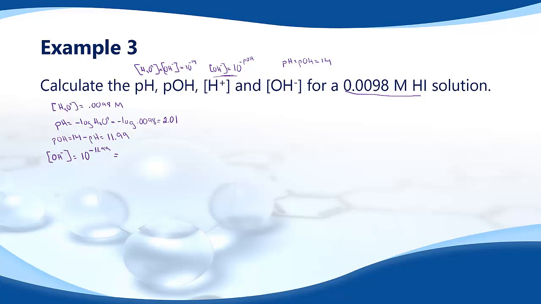All right, so if I do 10 raised to the negative 11.99, that gives me a scientific notation answer of 1.02 times 10 to the minus 12. And since this is a concentration, this will be molar. So these four right here are my answers to this question.